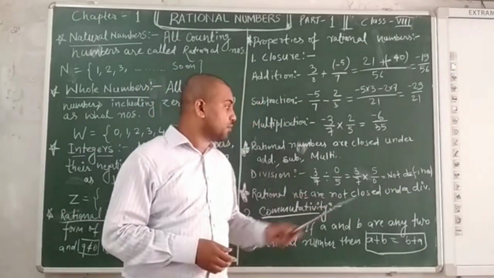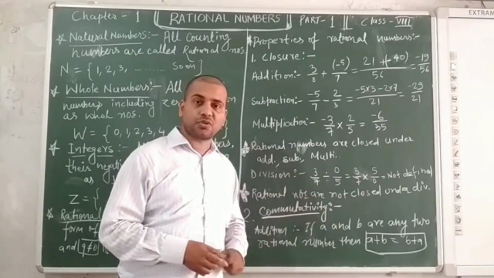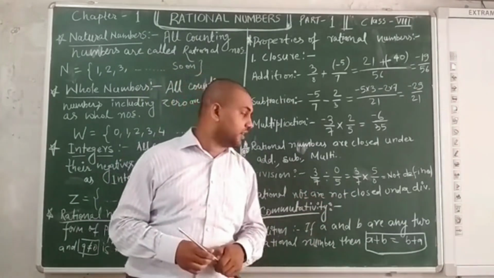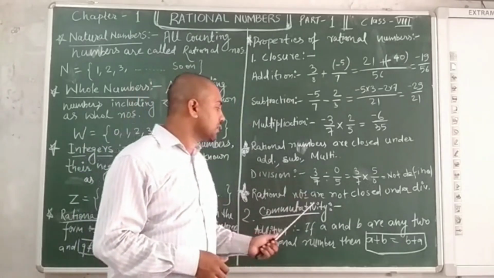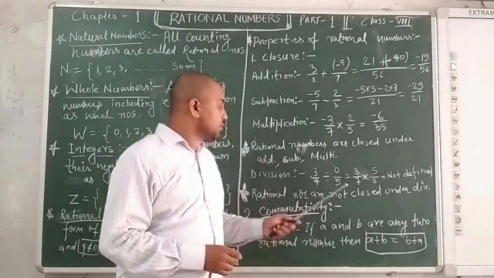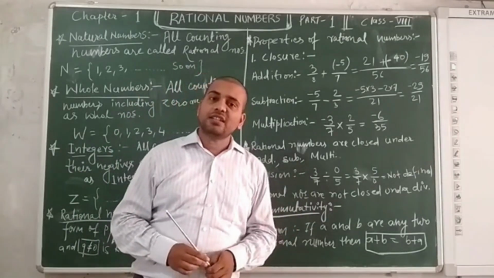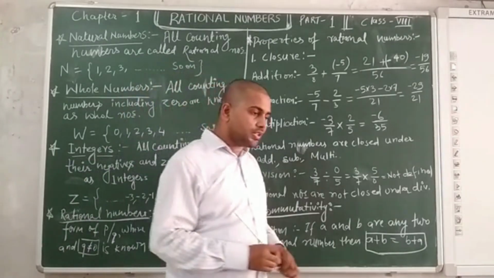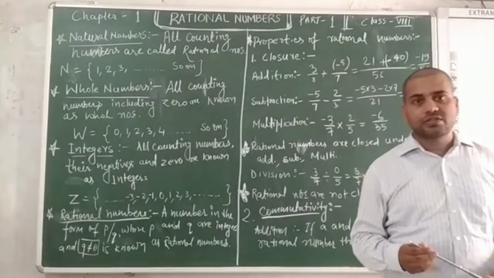Not defined, because 5 upon 0 is not defined. So, rational numbers are not closed under division, dear students.